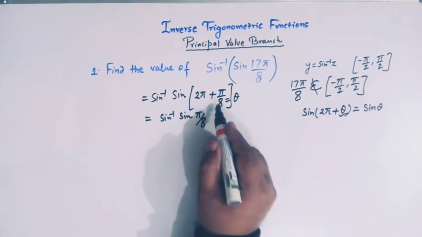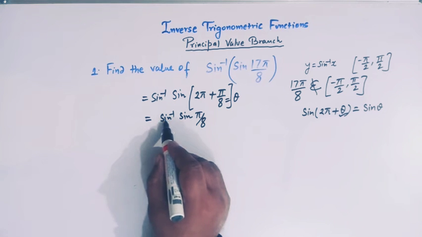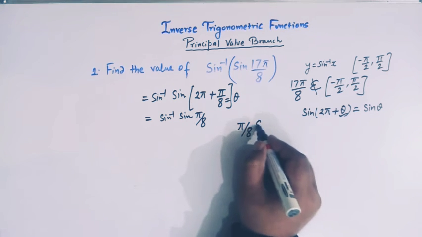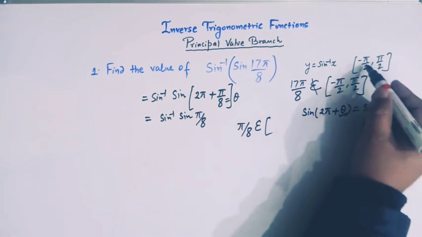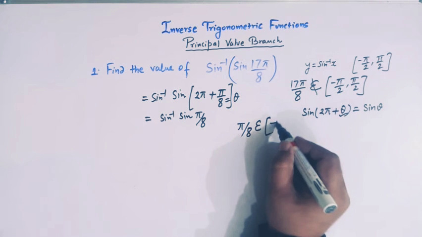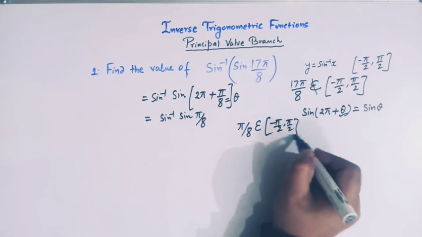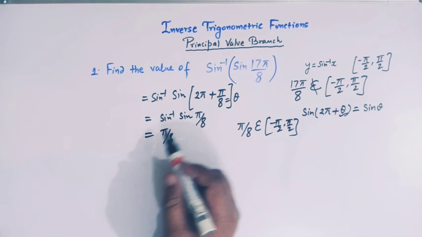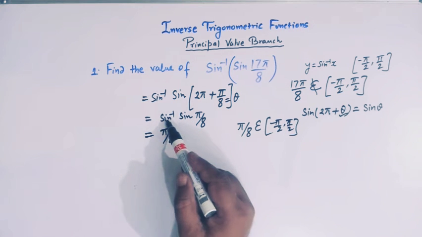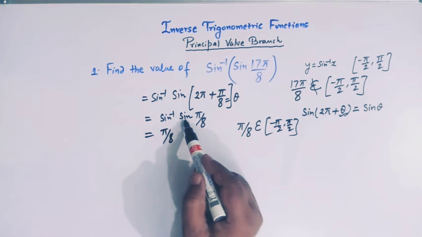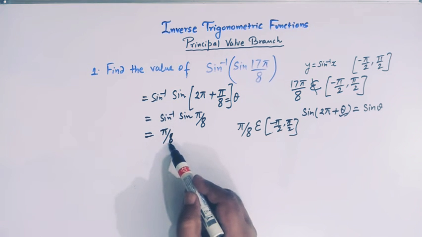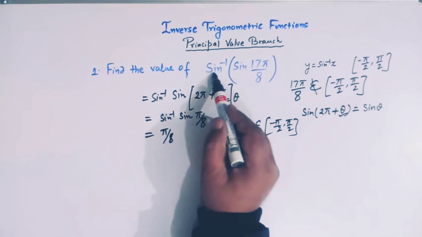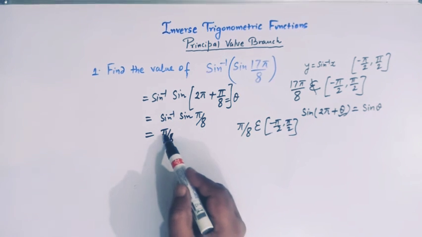So now here we see that we have sine inverse sine pi by 8, and pi by 8 belongs to this interval, that is the principal value branch of sine inverse x, right? So we can write this expression as pi by 8, or we can say that these two, sine inverse and sine, get cancelled. So we have pi by 8, and pi by 8 belongs to the principal value branch. So the value of sine inverse sine 17 pi by 8 is pi by 8.